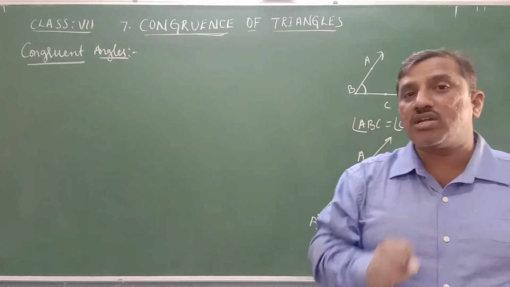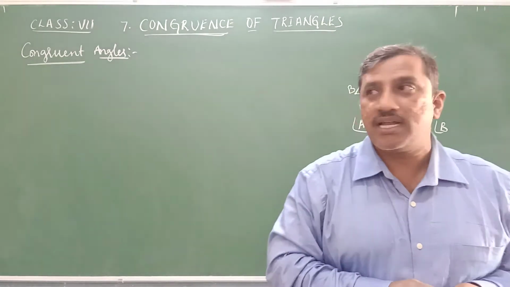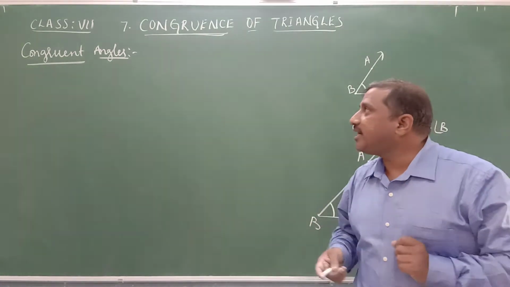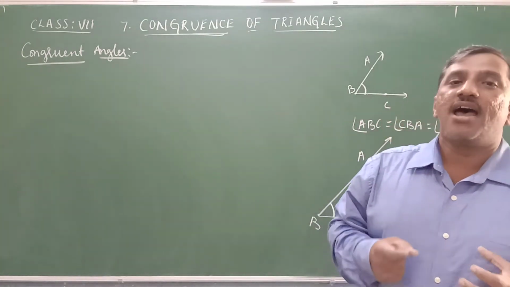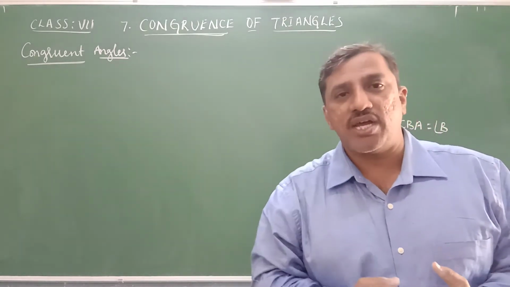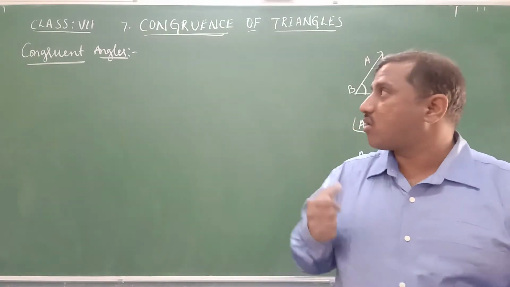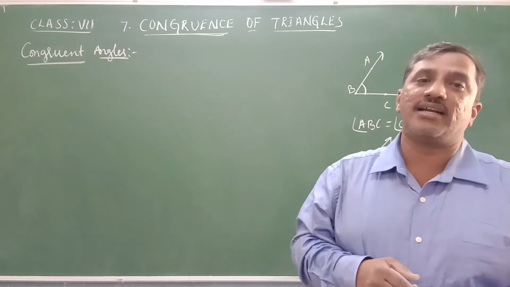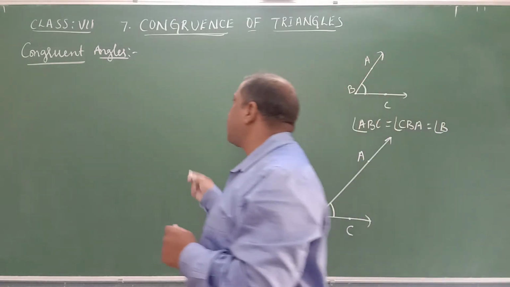But their measures are different, that is, their size is different. Hence, congruent angles are angles having the same measure or equal measure. So what are congruent angles?